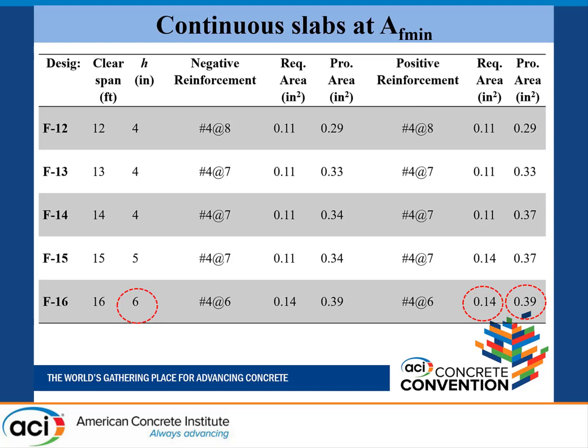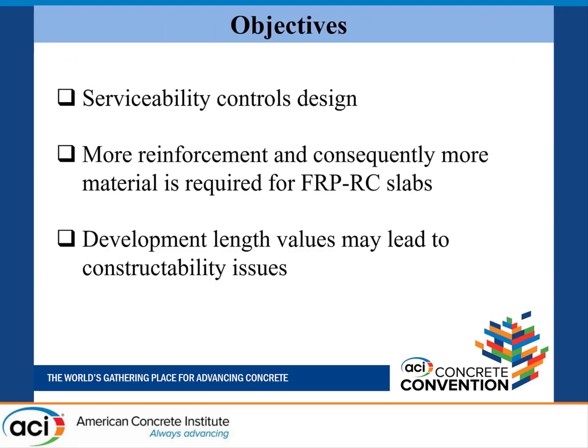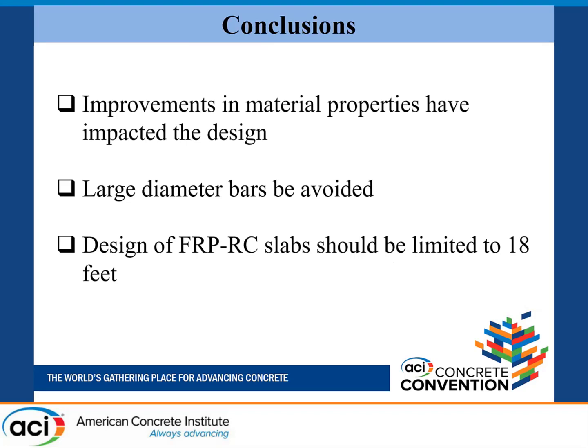If you are using number 5 or number 6 bar, imagine how much more area you will be utilizing without knowing that limit. That limit is actually penalizing your design. So it's advisable to stay with as low an area and as small a bar diameter as possible.